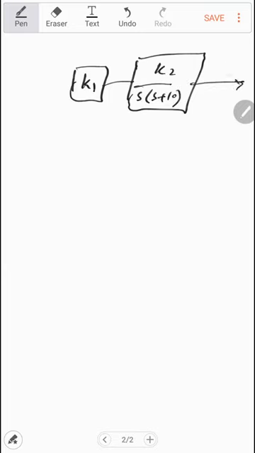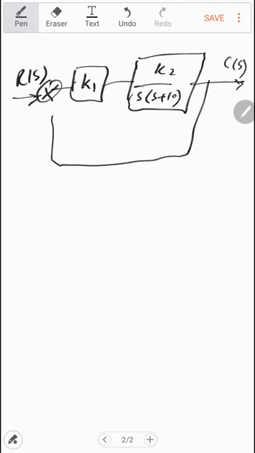Then we have the control signal C(S). At the input, we have the input signal, which can be a unit step function or ramp function, depending. Let's say that we have a unit feedback system. In a unit feedback system, the feedback transfer function is equal to 1, and let's say this is a negative feedback system.